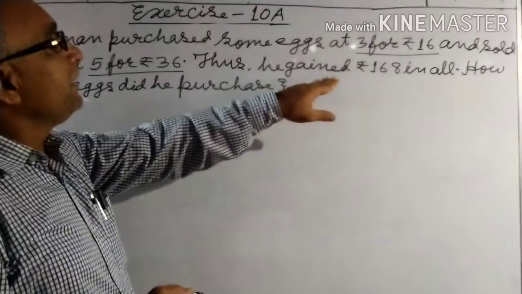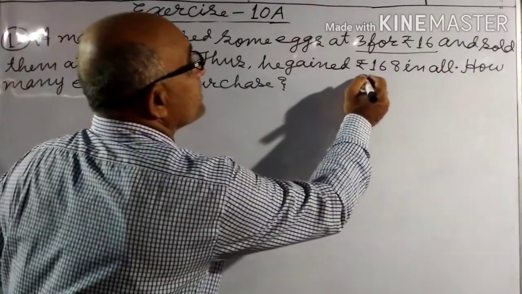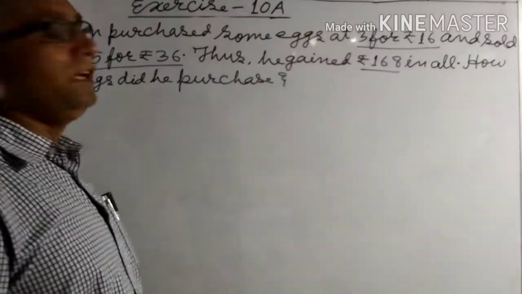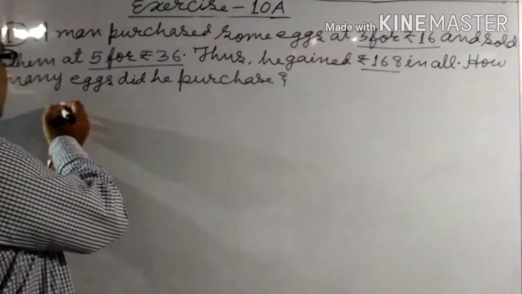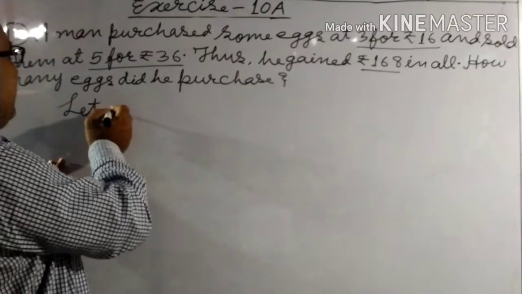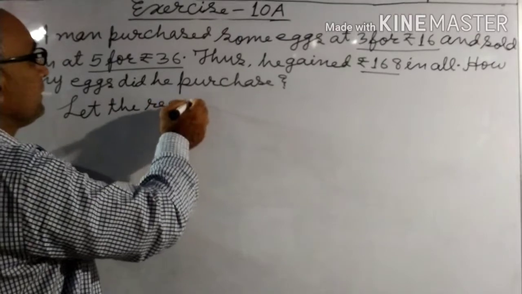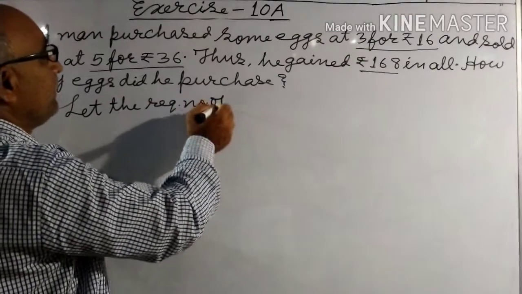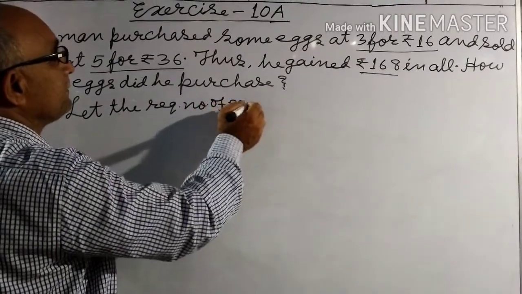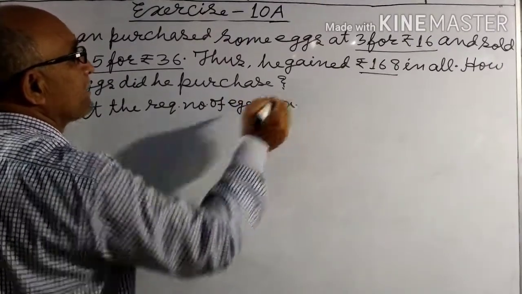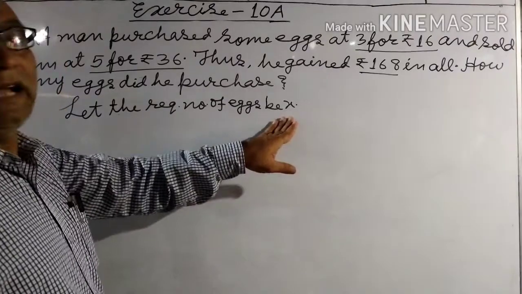Thus, he gained rupees 168 in all. How many eggs did he purchase? So let the required number of eggs be x.